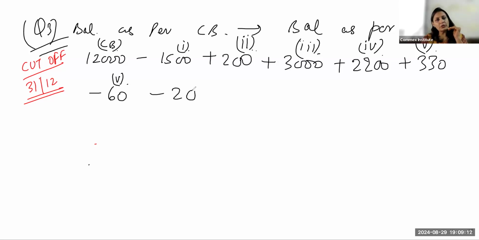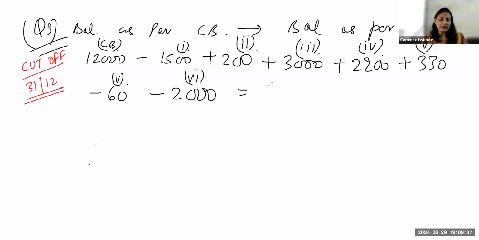So we'll also show it less because we are reaching the banker's balance, no? Whatever the mistake, we are just trying to reconcile the accounts. Whatever the mistake was, he rectified it later on. So that mistake is not a problem. The problem is, even if we take into account the mistake, the account balance should match.